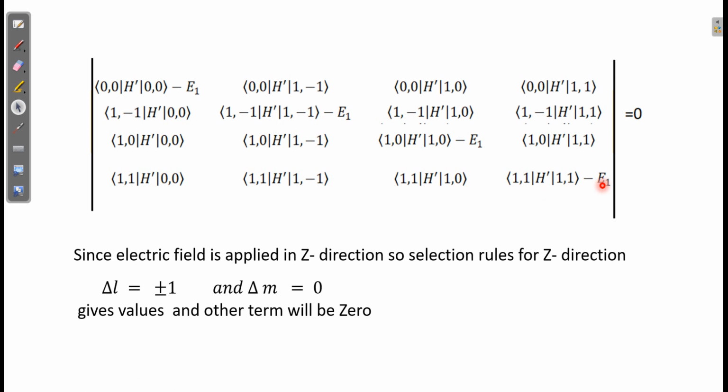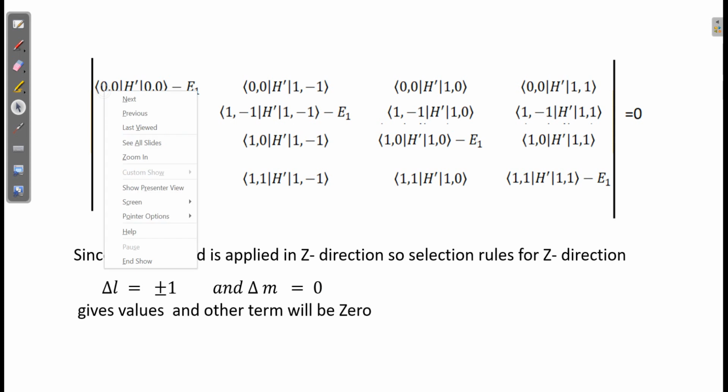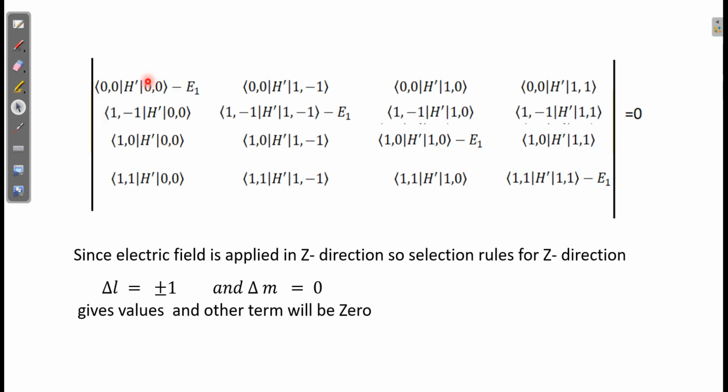Since the electric field is applied along the z direction, selection rules are given: delta L is equal to plus minus 1, delta M is equal to 0. If the selection rule is satisfied, the term gives a non-zero value, otherwise it gives 0. Just like this term, L is 0 and L is 0, so the difference is 0.